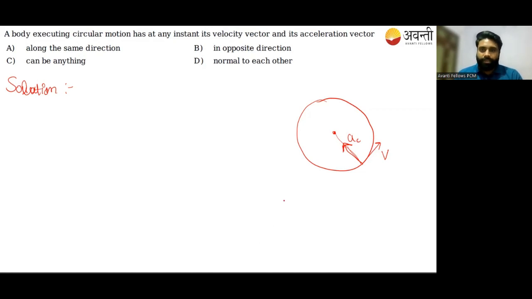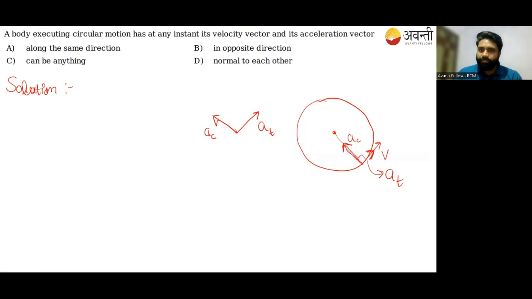If it is non-uniform circular motion, then we have another acceleration, termed AT, along the velocity vector. Now if you calculate the resultant acceleration vector, here we have AC, and this is the tangential acceleration, which are perpendicular to each other.